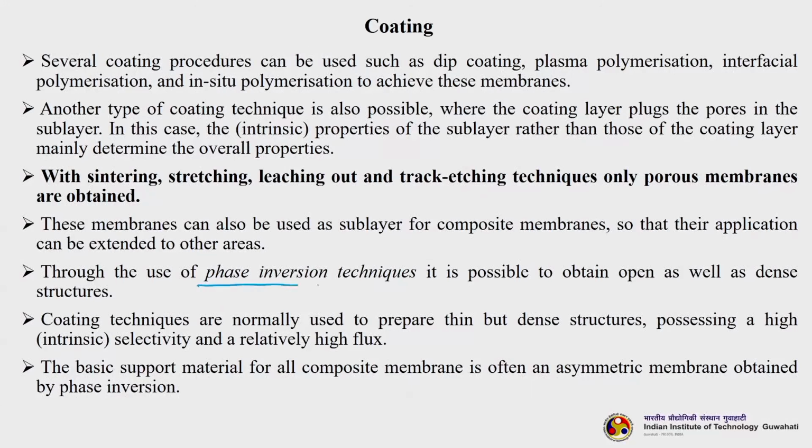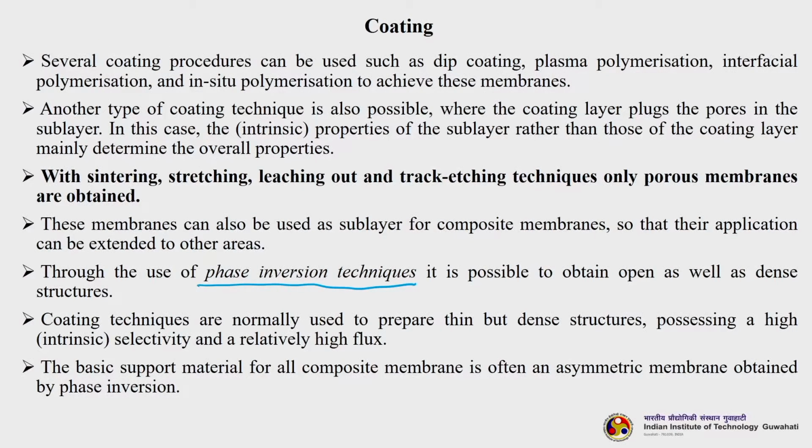With sintering, stretching, leaching out and track etching techniques, only porous membranes can be obtained, whatever we have discussed today. These membranes can also be used as a sublayer for composite membranes, so that their application can be extended to other areas. Through the use of the phase inversion technique, it is possible to obtain open as well as dense structures. Phase inversion is one of the most important processes.